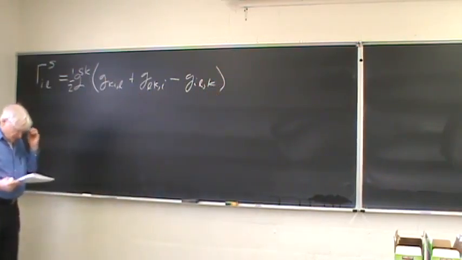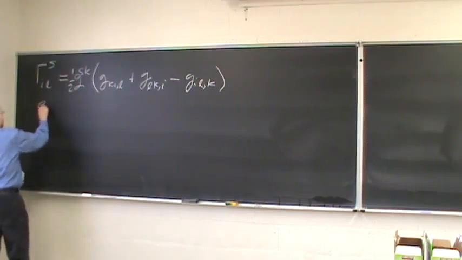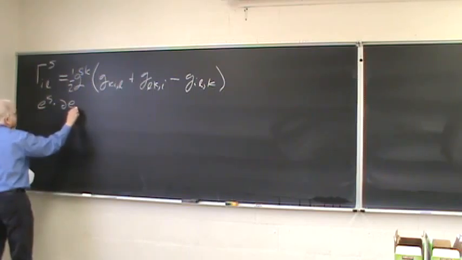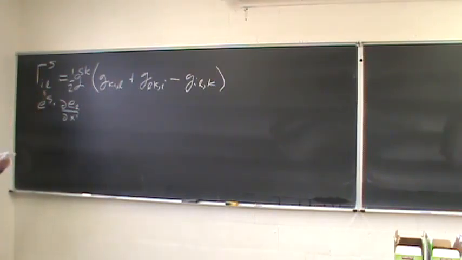And of course this is assuming that our formula for the gammas is the regular Levi-Civita formula, where gamma is e^s dotted into the partial of, say, e_l with respect to x^i. And so that's our definition of what gamma is.